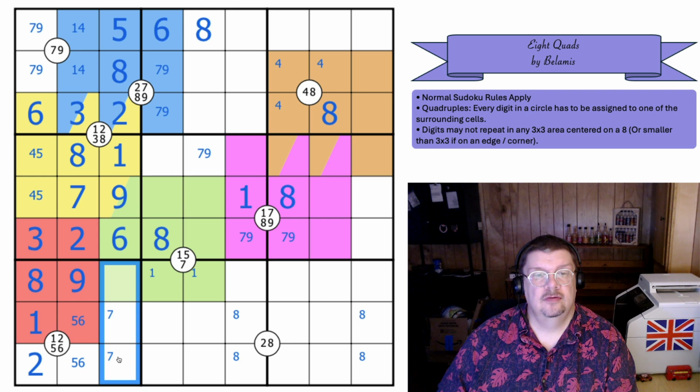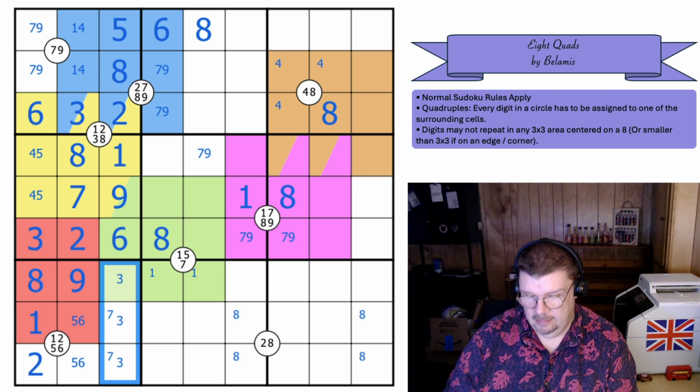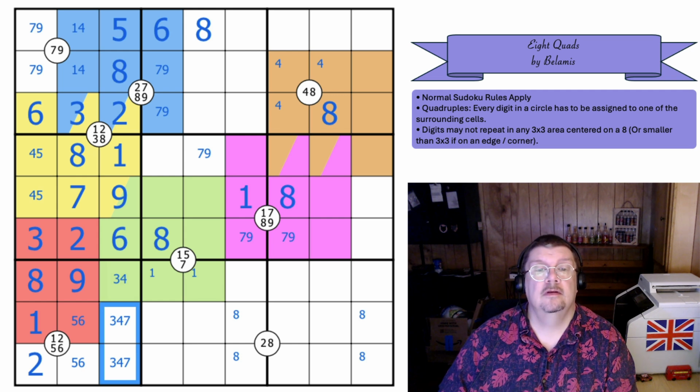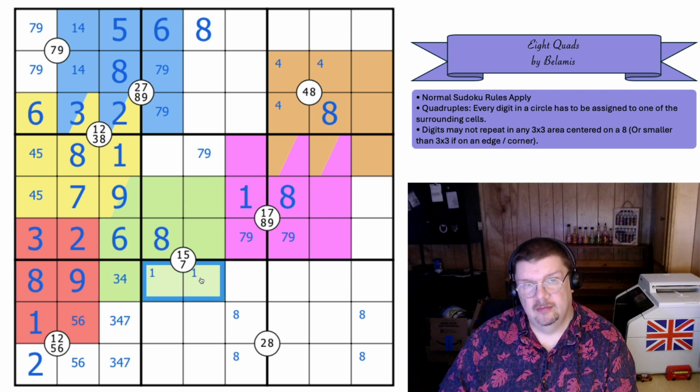These three digits are 3, 4, and 7. And that one's not 7. Let's remove the corner marks. Right, that's not a 7 because 7 is in one of those three.